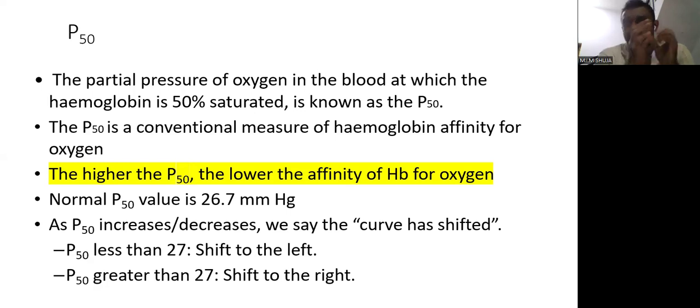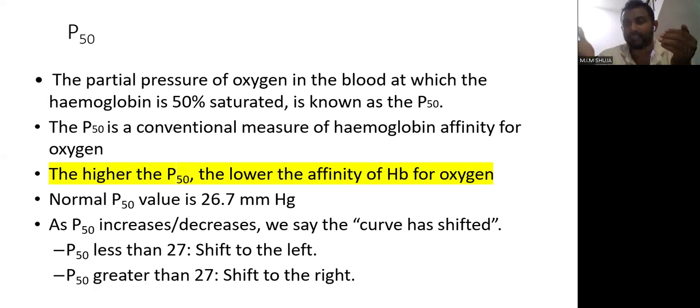Imagine in one incident, one hemoglobin becomes 50% saturated when the partial pressure of oxygen is 20.